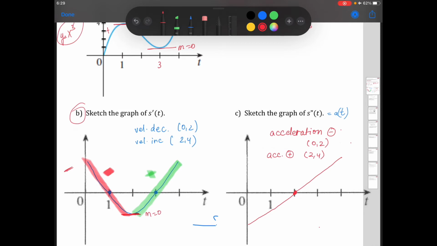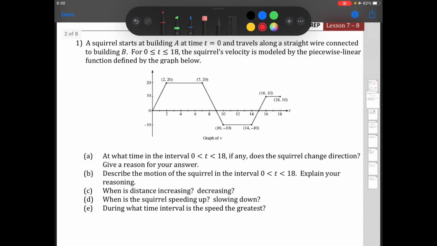So if you were to analyze it, it kind of makes sense. I'm not saying that this function is y equals x cubed. I'm just giving an example, just giving the idea of what the derivative of each one would look like given the original function. So let's move on to the next page.